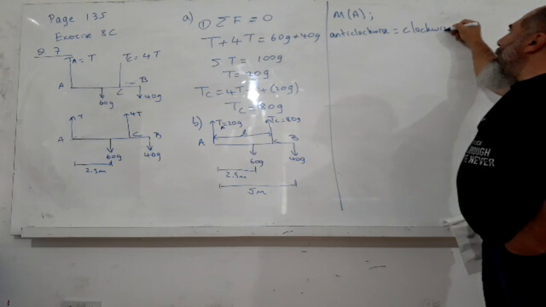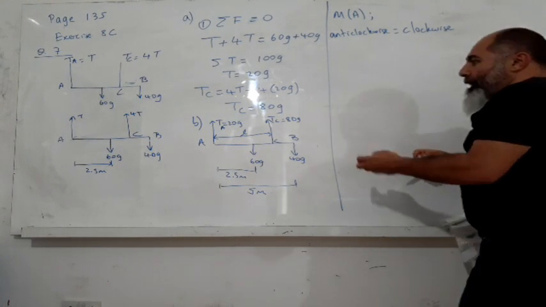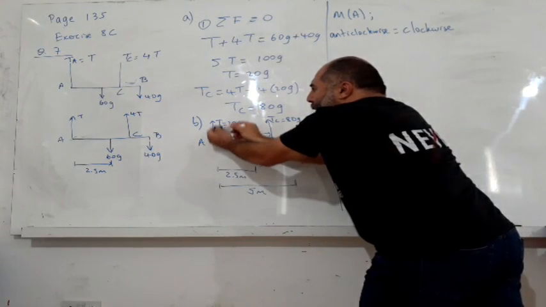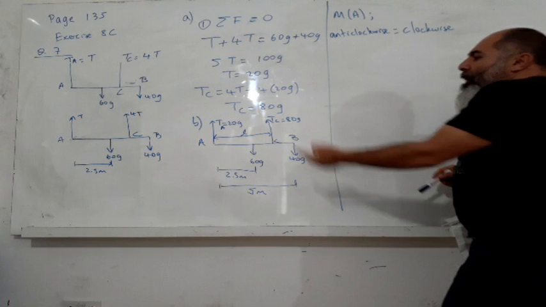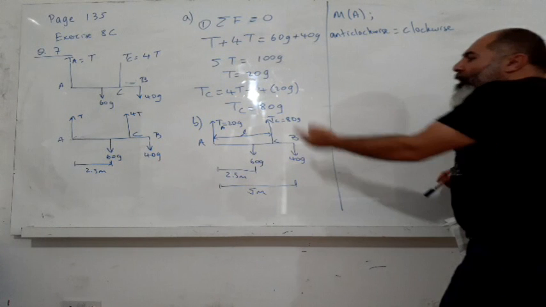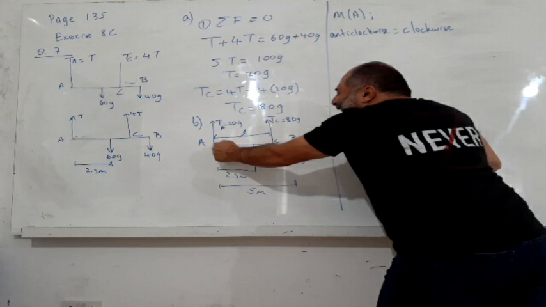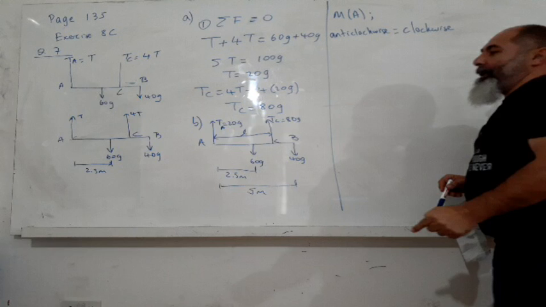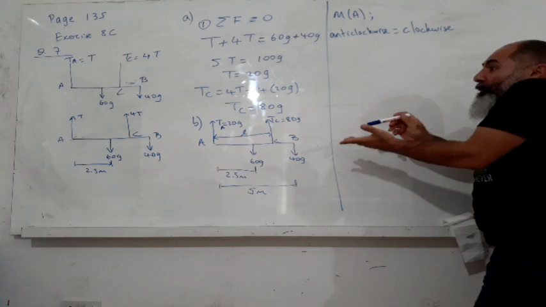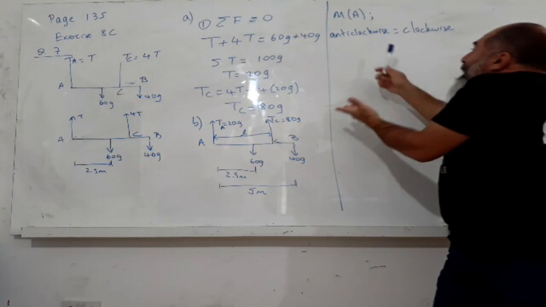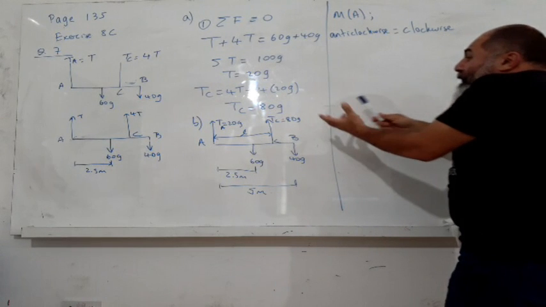Here, this pushes up, but it is at point A. What is the distance between point A and tension A? 0. Tension A acts at point A. So although it has a force here, it doesn't have any moment, because its distance from A is what?